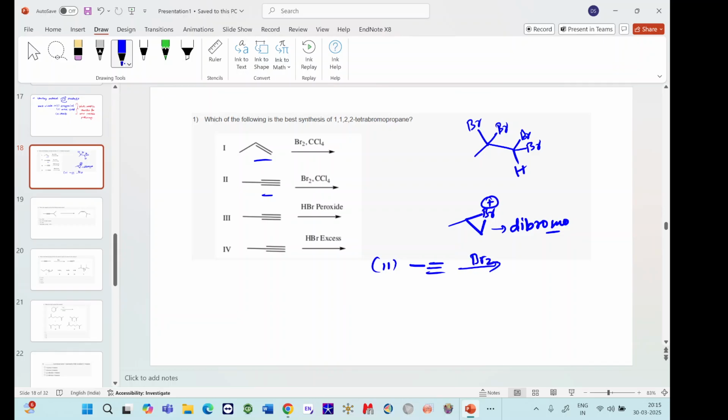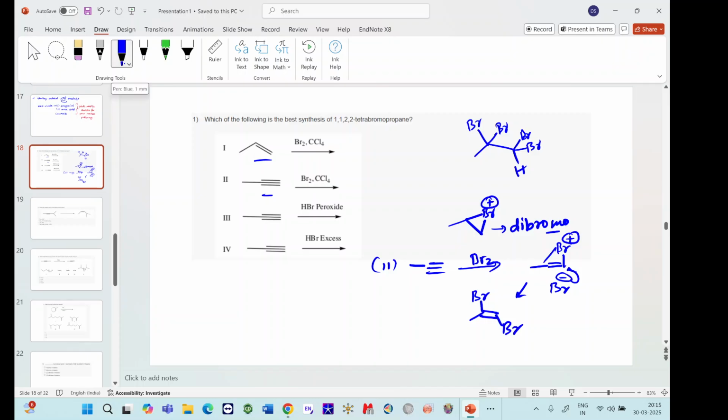If you add Br2, the first bromonium ion will form and you will have this compound.